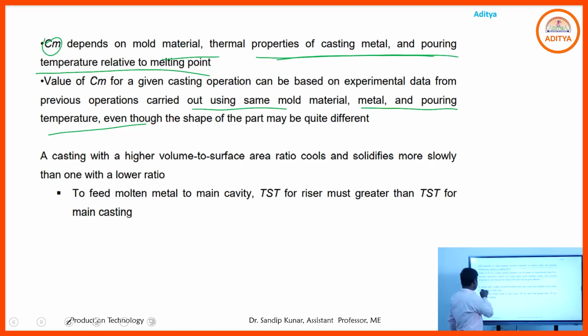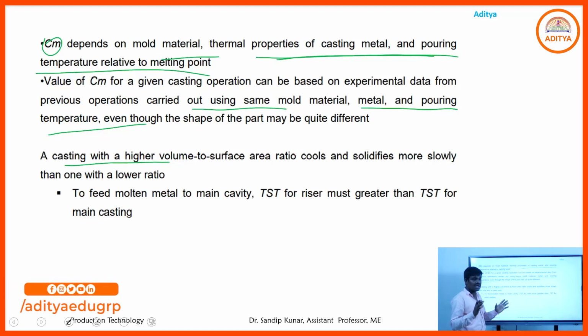Again, a casting with a higher surface area to volume ratio cools faster. The area of the mold surface is greater, so the heat extraction rate is also higher, heat is easily extracted, and the molten metal is easily converted into a solidified product.